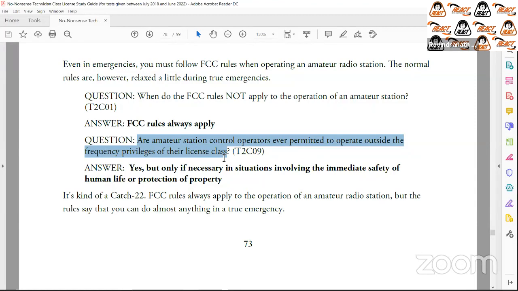So let's take that slowly. Just now, we said FCC rules always apply, right? So they always apply, that doesn't change. But we're talking here now about something else, right? Are amateur station control operators ever permitted to operate outside the frequency privileges of their license class? In other words, your technician class.